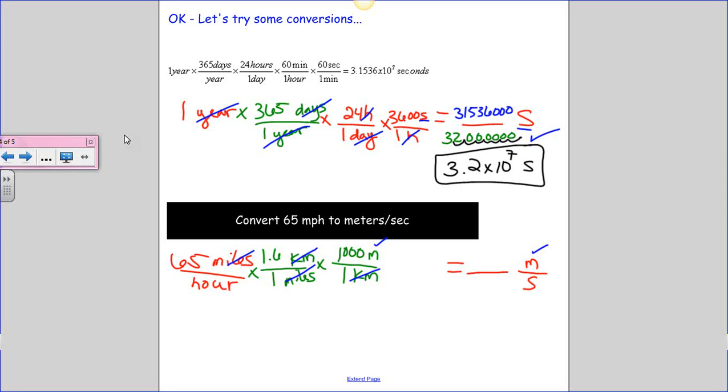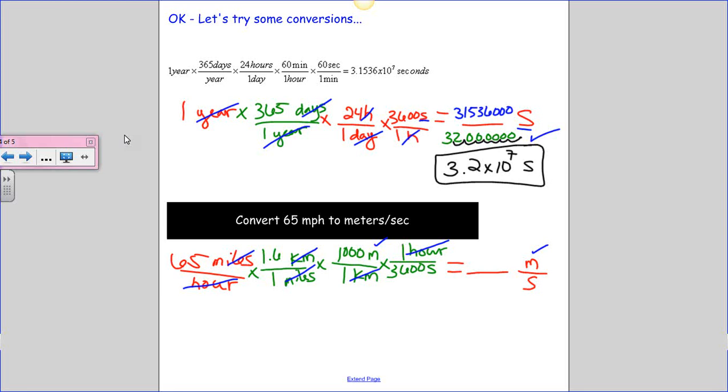So we need to get rid of hours and get to seconds. Remember, because hours is on the bottom to begin with, in our conversion factor it has to be on the top in order for it to cancel. So we have 1 hour, and we want to get seconds, so there are 3,600 seconds in 1 hour. So now hours cancel.